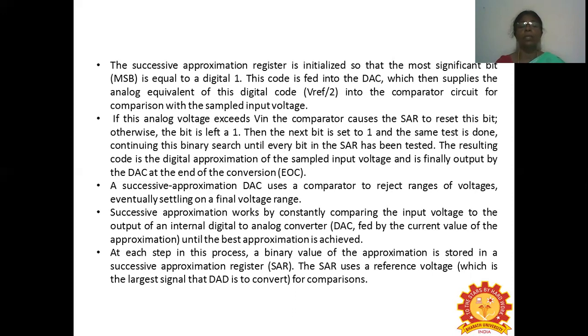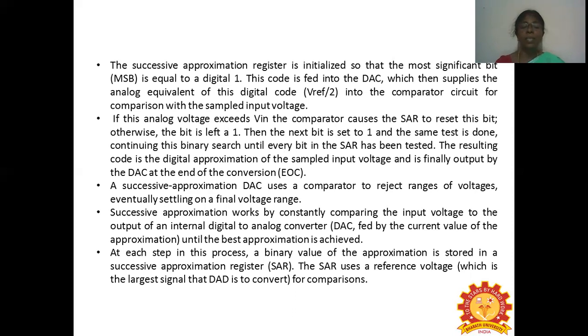The successive approximation circuit works by constantly comparing the input voltage to the output of an internal digital to analog converter. That is, this successive approximation method continuously compares the sampled input voltage with the voltage obtained from the digital to analog converter until the best approximation is obtained.